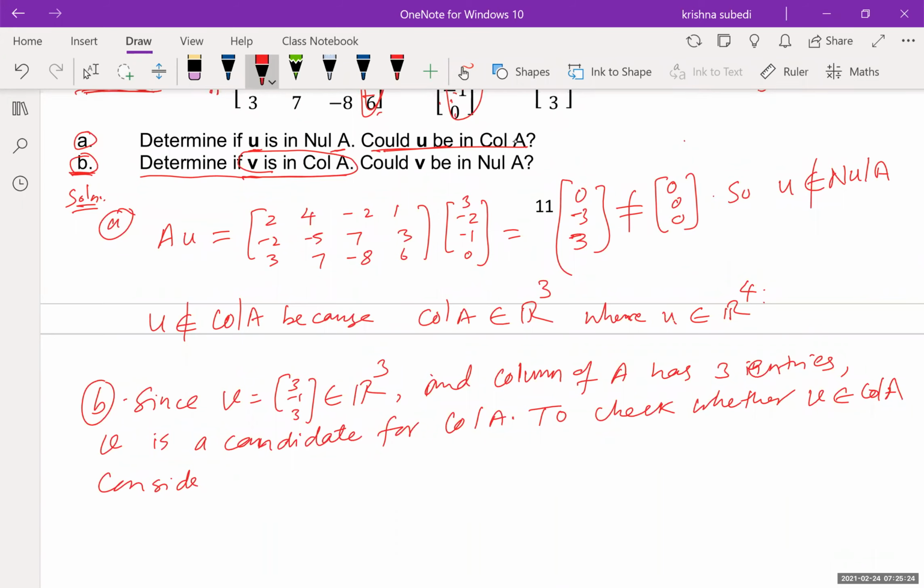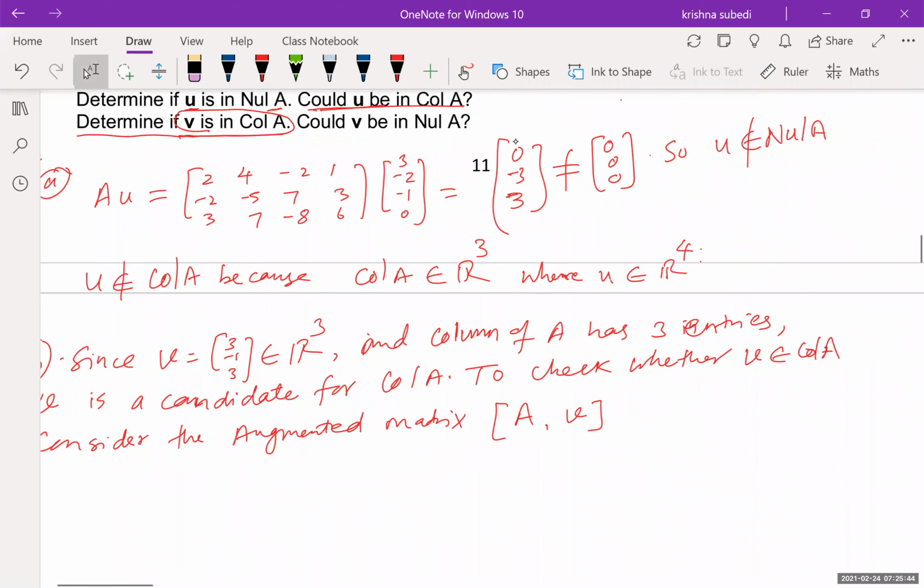That's all we need to check. So consider the augmented matrix [A | V].